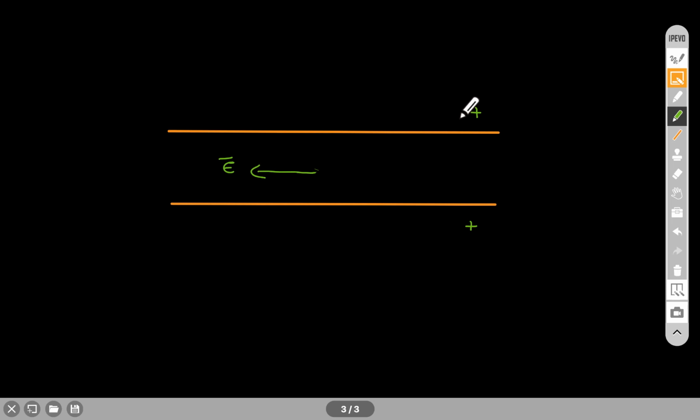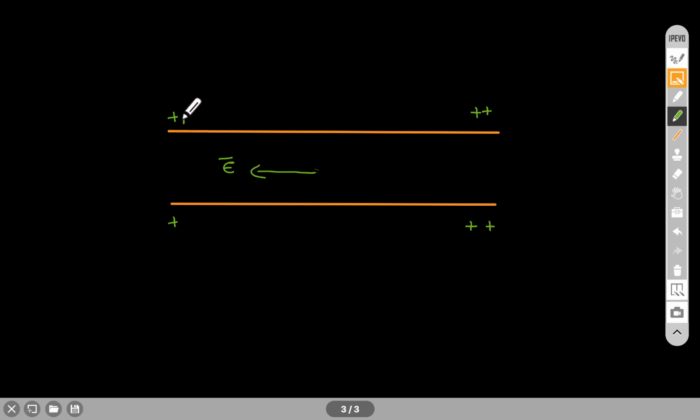Now, for the same reason, if you end up adding some more positive surface charges on the left side and you maintain the difference, so now I have 2 and 2, it is true that these two will create an electric field that points to the right, and these ones are going to create a stronger electric field to the left, so that when you add it together, you continue to have your electric field to the left.